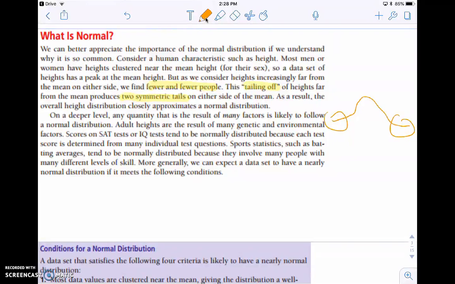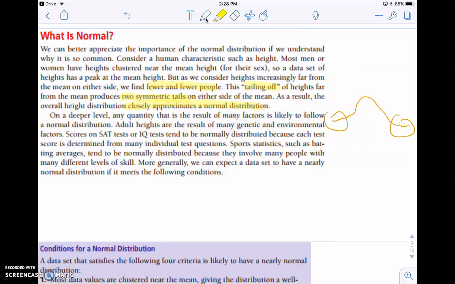So the bulk of people lie in the middle of the data. Overall, for human height, the distribution closely approximates the normal distribution.